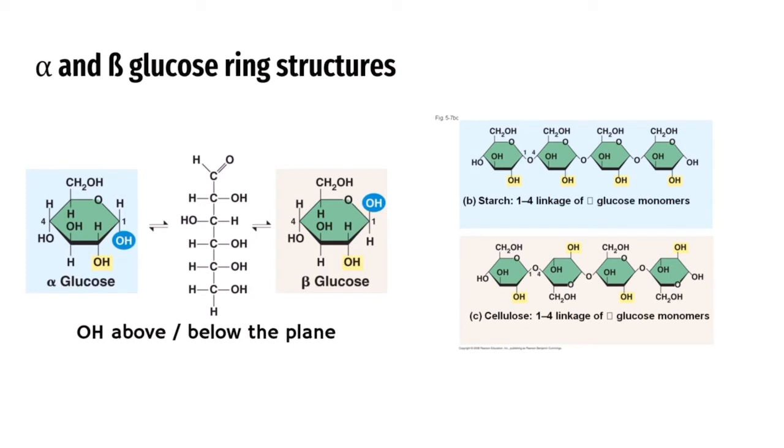The OH I'm talking about is in blue circles. It is always on the right vertex of the hexagon shape. When they are linked, in the linkage of alpha glucose, OH is always below the plane, and in beta glucose, it is alternating, as it is shown in the figure on the right. So as I said, you know this, so let's move on to polysaccharides.